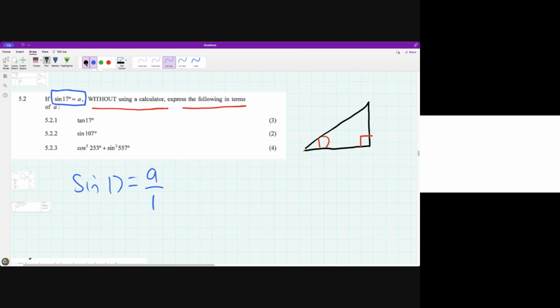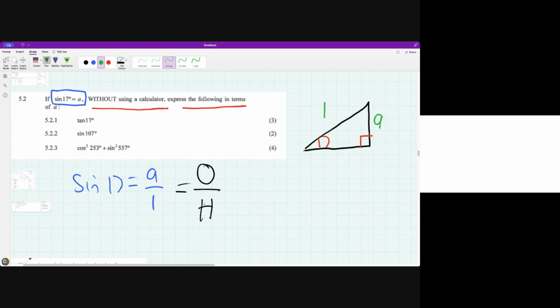And that's useful because we know the sine of something is the same as O over H. So if I go to my triangle, this is going to be little a over here. The H is going to be 1.